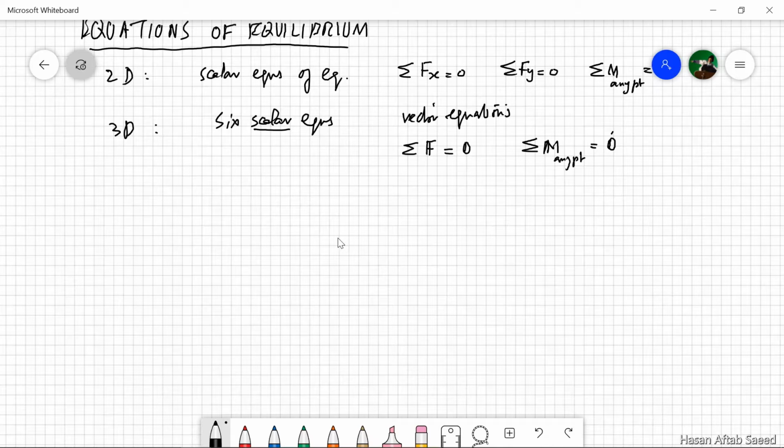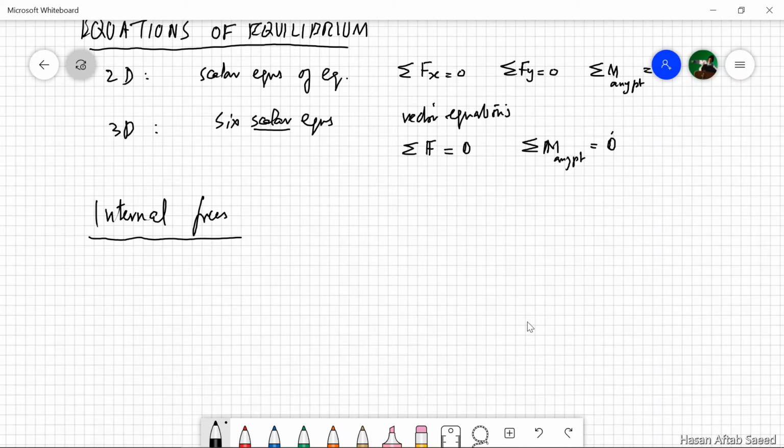Now a few words on internal forces. Now, if the whole body is in equilibrium, then any part of it must also be in equilibrium. So we can pass an imaginary cutting plane arbitrarily through the body.